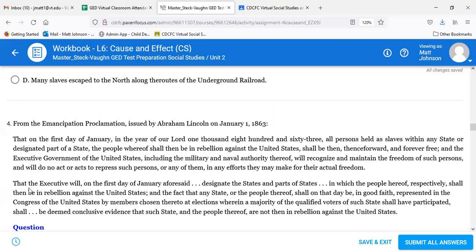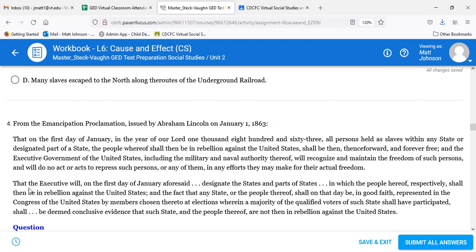And the executive government of the United States, including the military and naval authority thereof, will recognize and maintain the freedom of such persons, and will do no act or acts to repress such persons or any of them in any effort they may make for their actual freedom.